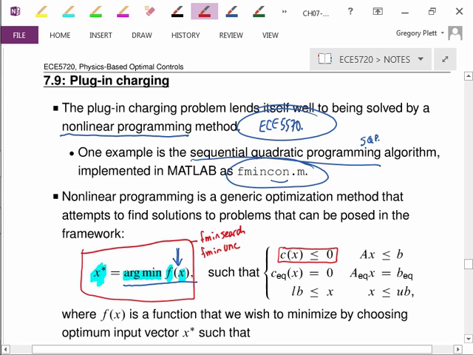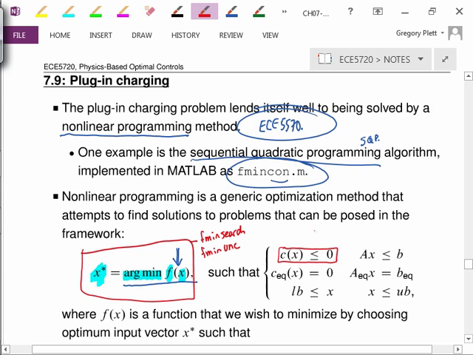C is a nonlinear function that we supply, so there may be a nonlinear inequality constraint that is imposed on those variables for whatever reason. And that function has to be written in such a way that I can always write it as the constraint is less than or equal to 0.